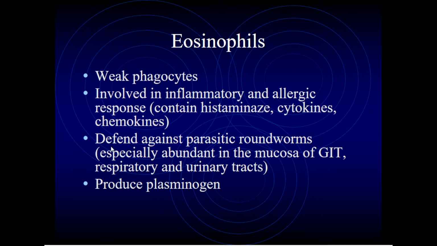They also have defense function, so they promote defense against parasitic roundworms, especially abundant in the mucosa of gastrointestinal tract, respiratory and urinary tracts. They also produce precursor of a plasmin called plasminogen, which participates in hemostasis.